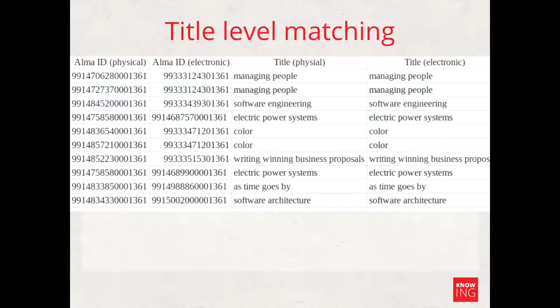Currently in Alma, if you do the overlap analysis or title analysis, it does title level matching. We did not do this. We used ISBN matching. This is an example of title level matching, and you can probably see the problems with it. If you look at the first couple of records, they might have two different Alma IDs but the same title.